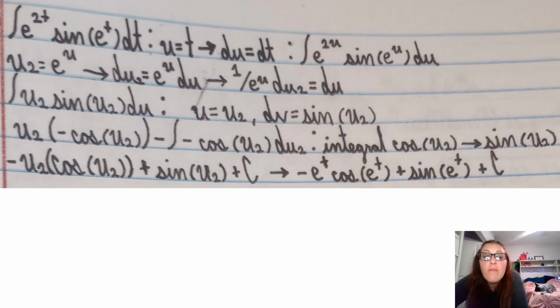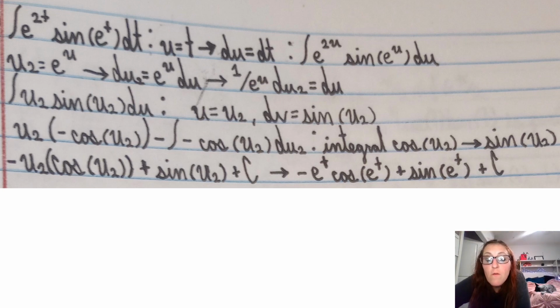Integral e to the 2t sine e to the t dt. Let u equal t and du equal dt. Integral e to the 2u sine e to the u du. Let u2 equal e to the u, du2 equal e to the u du, and 1 over e to the u du2 equals du. Integral u2 sine u2 du2.